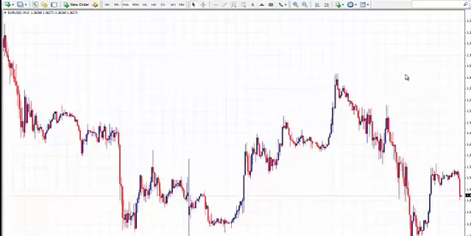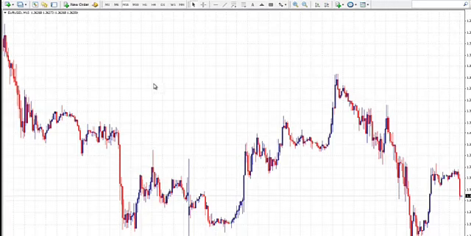So this is the 50-minute chart on the Euro-US dollar, and what we're going to do here is draw horizontal lines on immediate support and resistance levels, okay? And we are also going to draw horizontal lines on historic support and resistance levels, or what we like to call inflection points in the market.